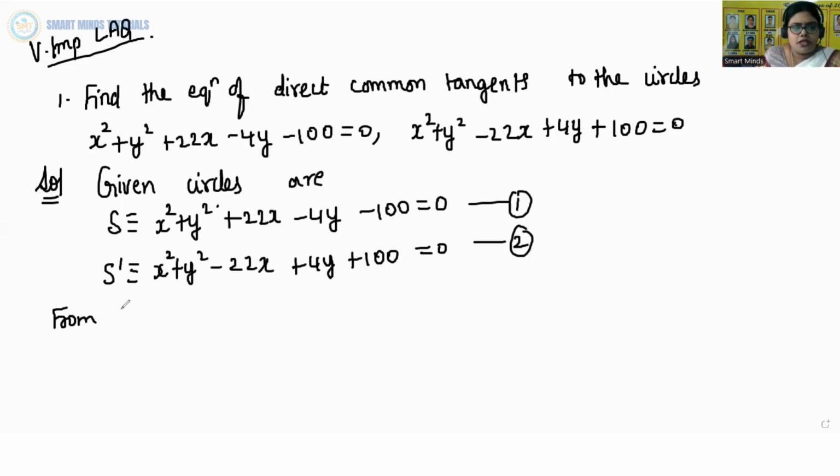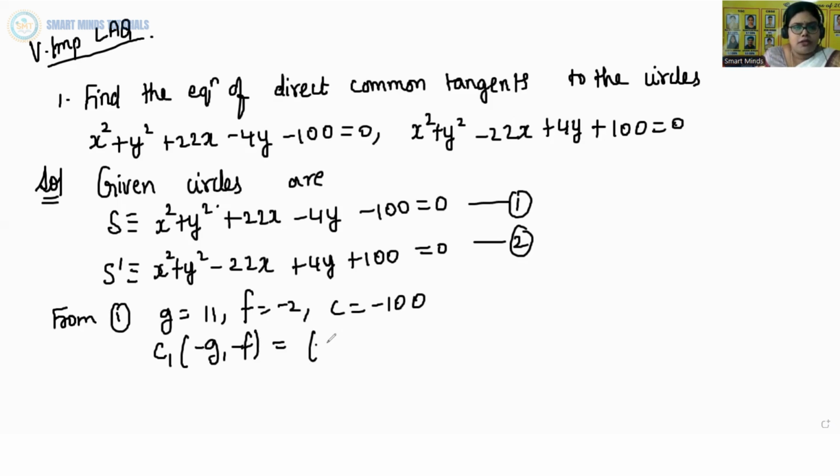So from first equation we find g. G is half of coefficient of x, that is 11, and f is half of coefficient of y, that is minus 2, and c is minus 100. After getting g, f, c, we find center. So center is given by minus g comma minus f.